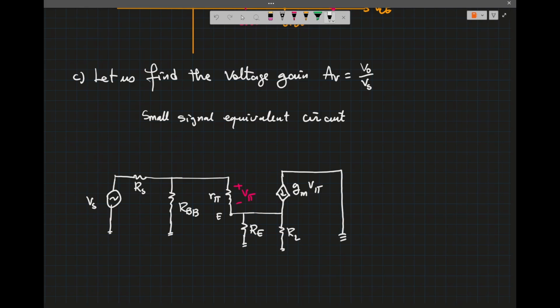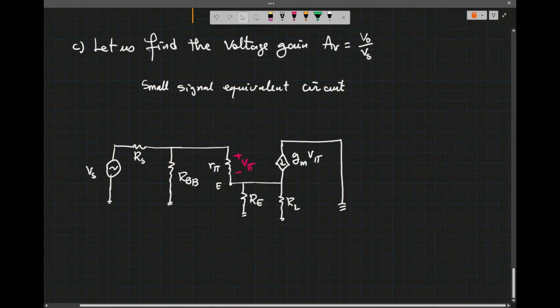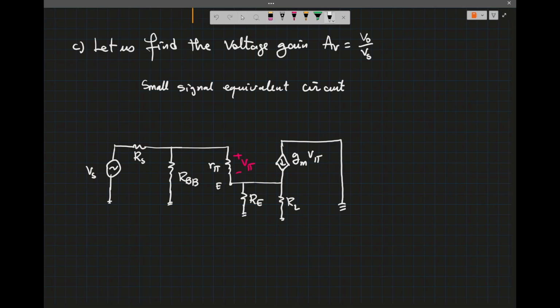Now we have a few things in here. So RO, which is the resistance connected between the collector and the emitter, right? So small RO is connected there.